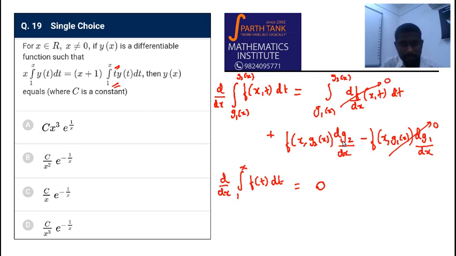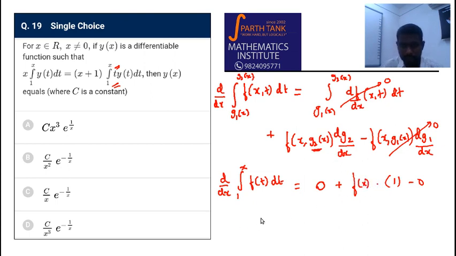And since the upper limit is x, I have dx by x, which is 1, and there is no function of x inside, it's only a function of t. So this will become f of the upper limit, remember, and the upper limit is again x, so f of x.